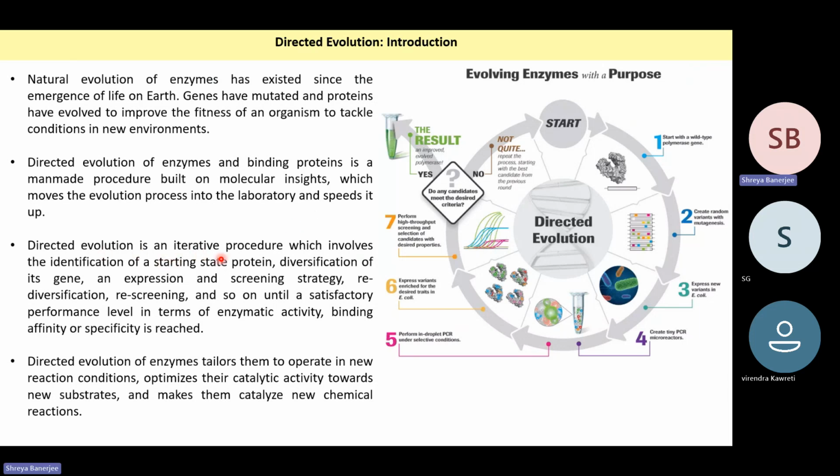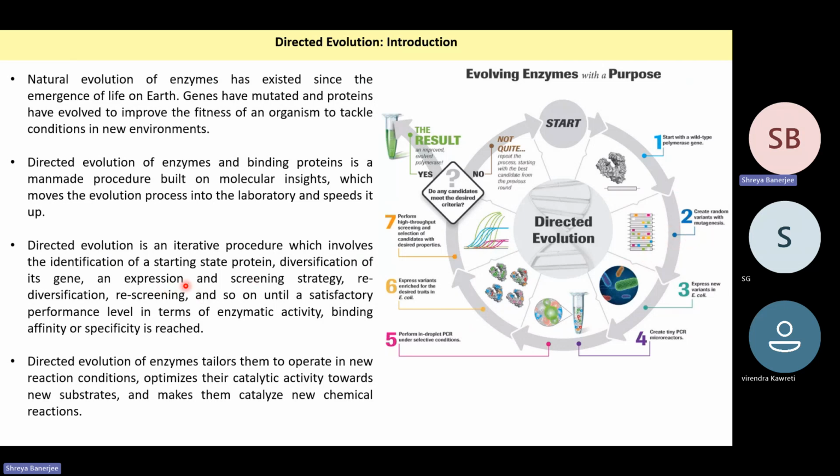Basically, directed evolution is an iterative process which involves the identification of a starting state protein, and diversification of its gene. So we start with a certain protein that is expressed by a wild type gene. We diversify the gene by mutagenesis.